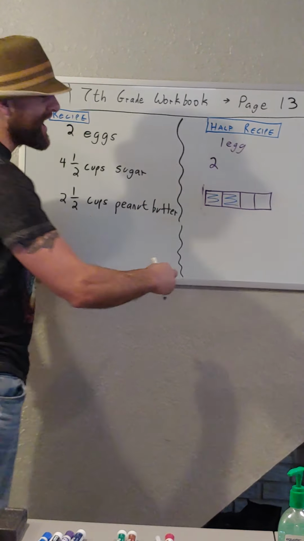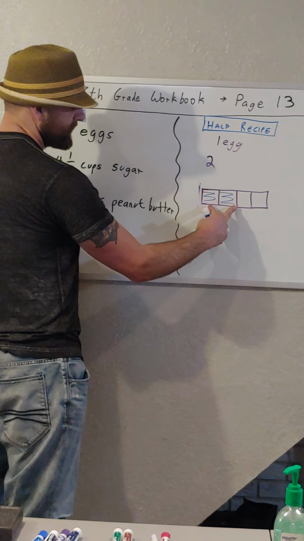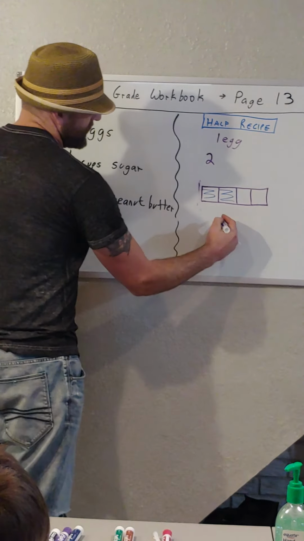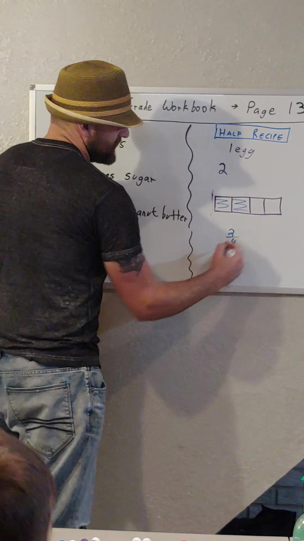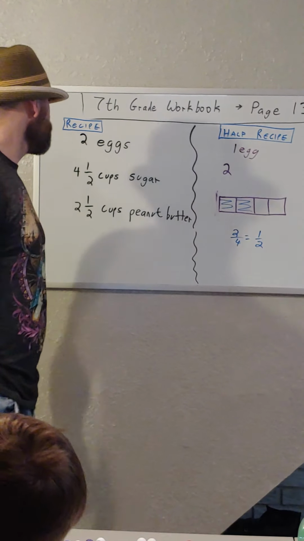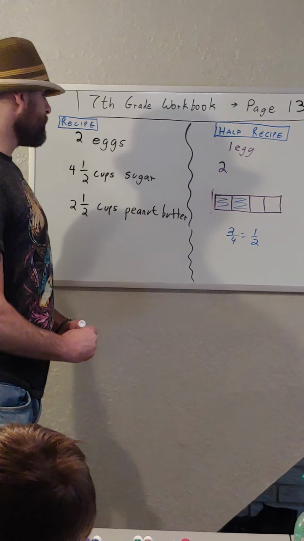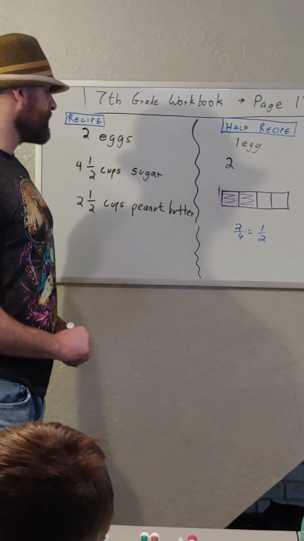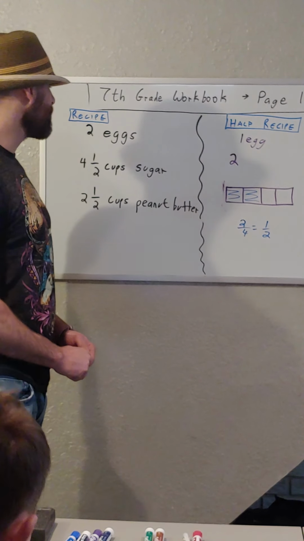So you could say a half is 2/4. You could say, obviously if you take 2/4 and reduce it, you get a half. So you could say that a half is 2/4.